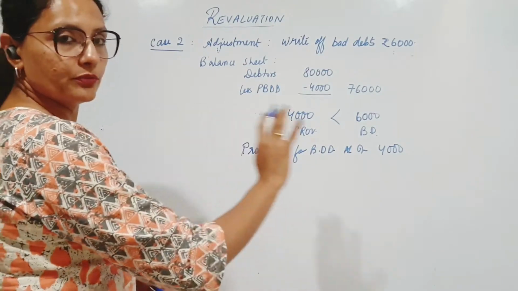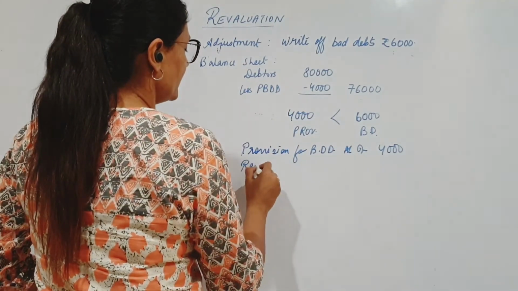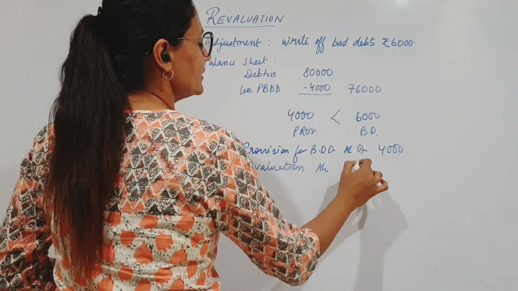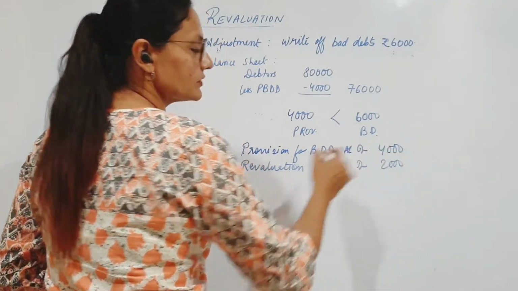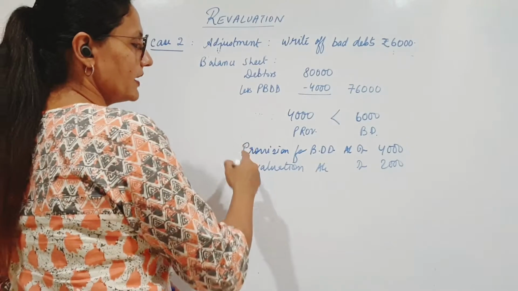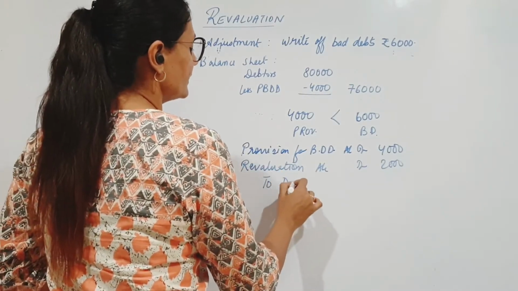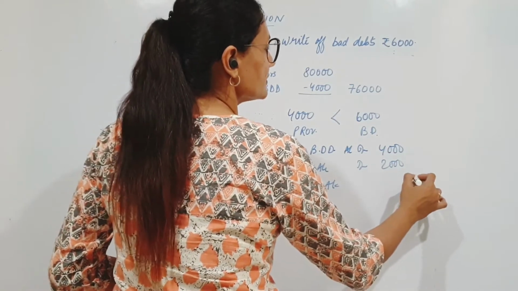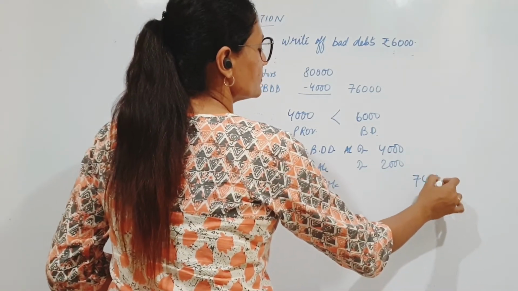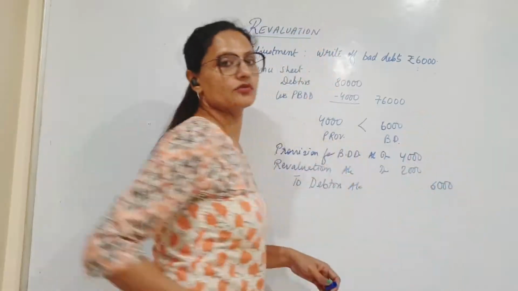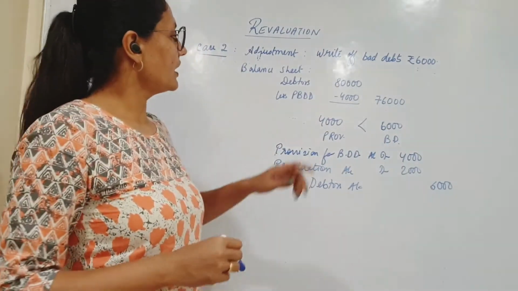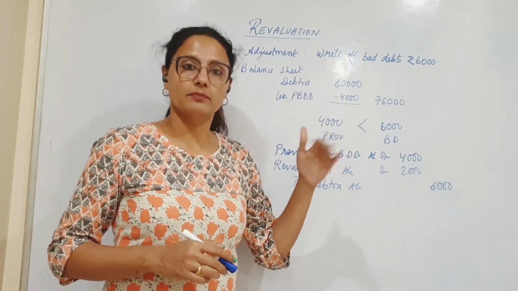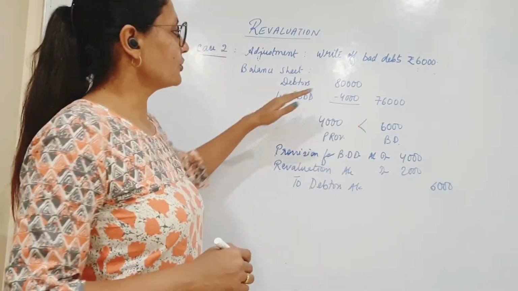So my provision is completely finished. The remaining value goes to the debit of revaluation account. Alright, this is how my loss is being borne, and I credit debtors because debtors book value should come down by 6,000. So 80,000 minus 6,000. Okay, so now after you make the balance sheet post retirement, what will you show?